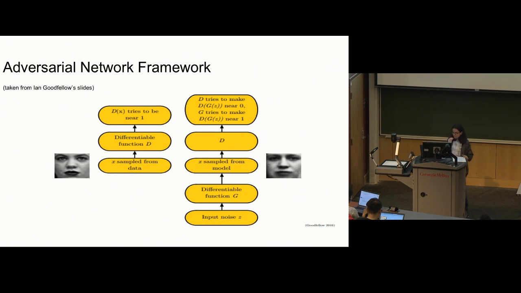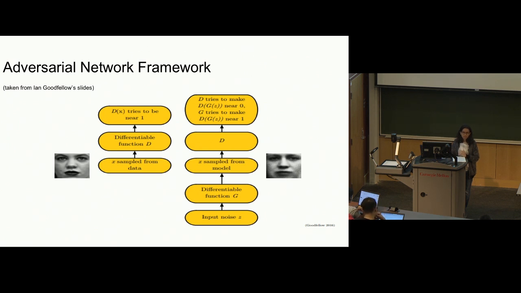So this slide basically explains the general framework of adversarial training in GANs and how GANs does the training. It consists of two parts, where one is the discriminator and the other is the generator.